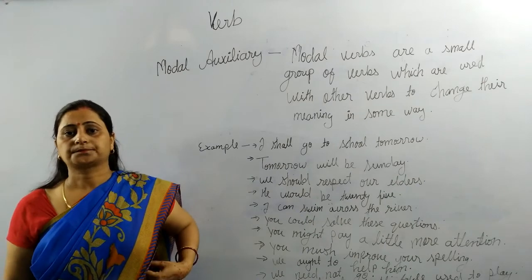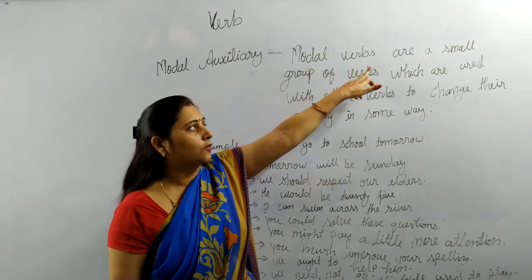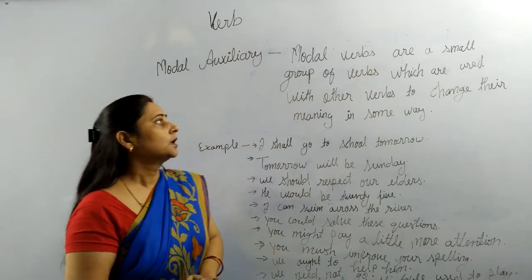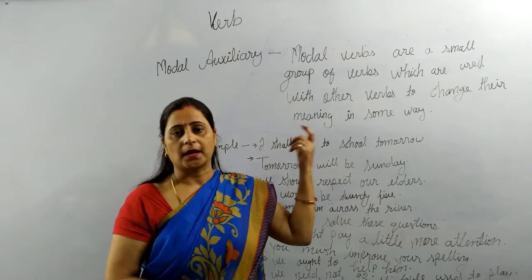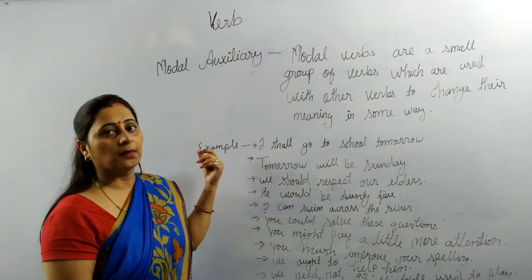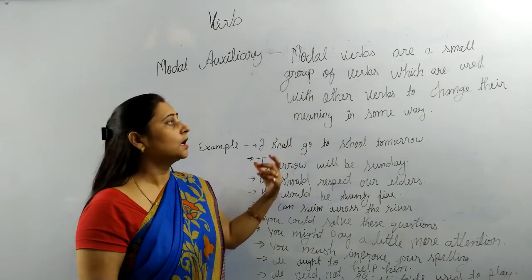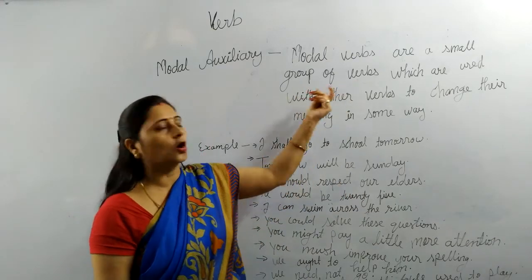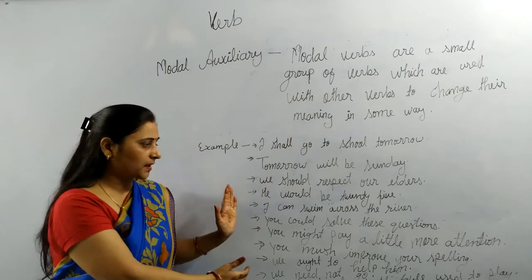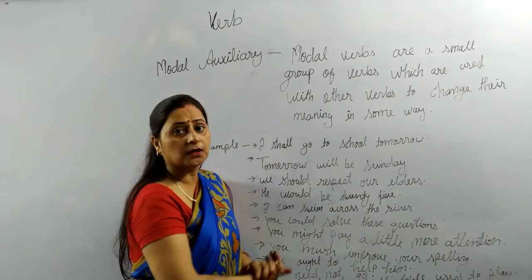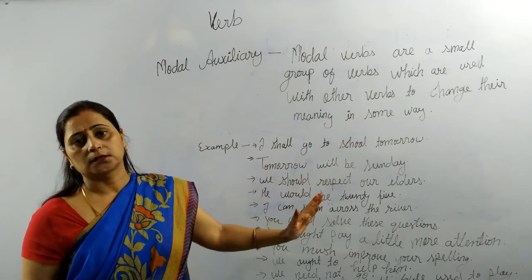It means modal verbs are a small group of verbs. As I already explained in auxiliary verbs, all the modal verbs we can use as helping verbs, but it is a very small group of verbs which are used with another verb to change their meaning sometimes.